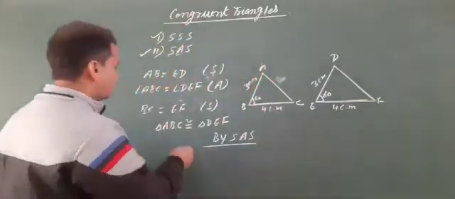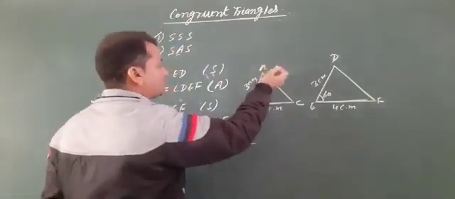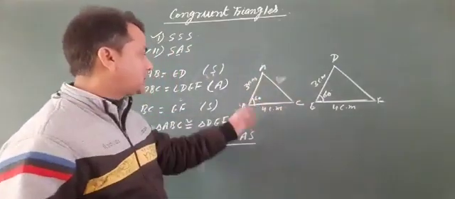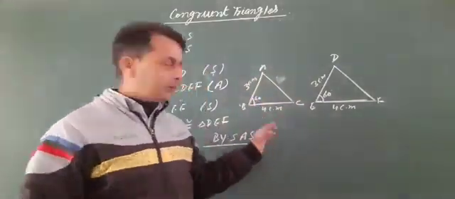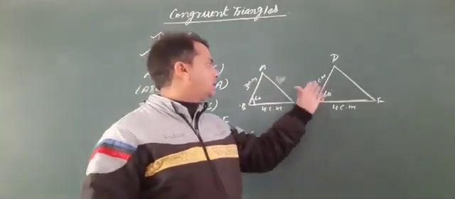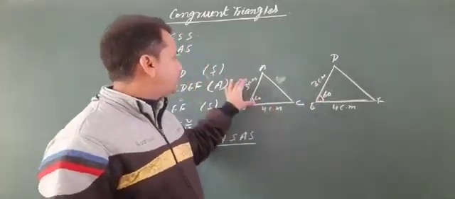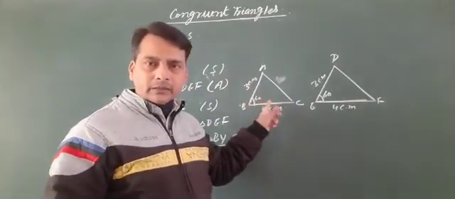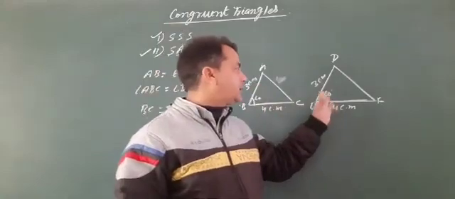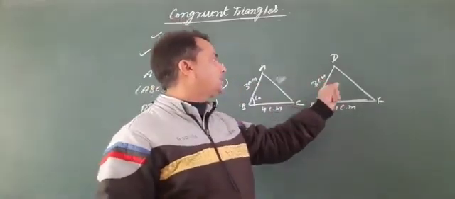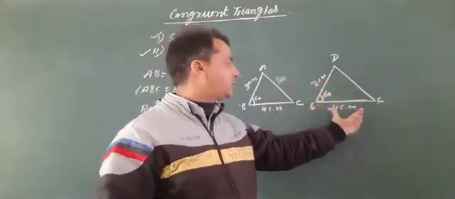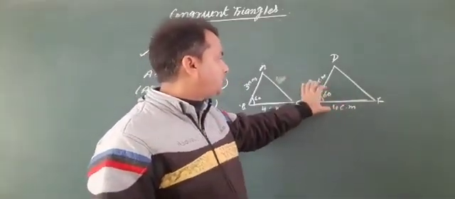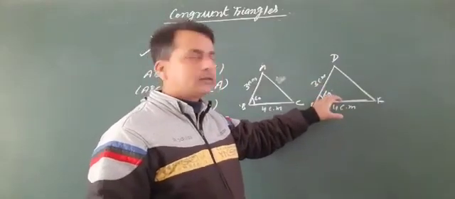So now this example: there are two triangles, suppose ABC, and the length of AB is given here 3 centimeter and BC is given here 4 centimeter, and the angle between side AB and BC is 60 degree. Now another triangle DEF is also here. The length of DE equal to 3 centimeter and the length of EF is given here 4 centimeter, and between both sides the angle measure is 60 degree.